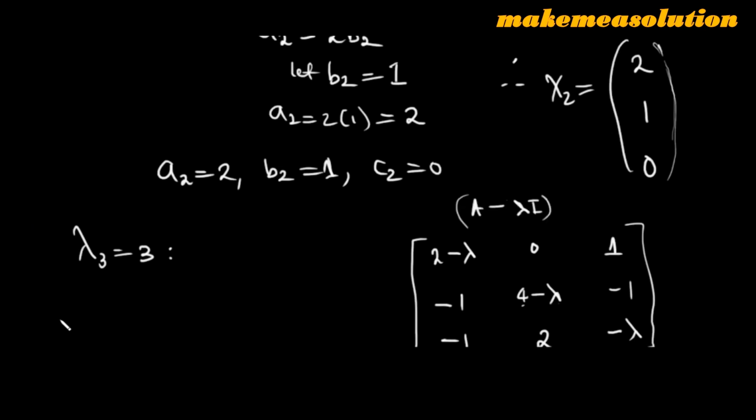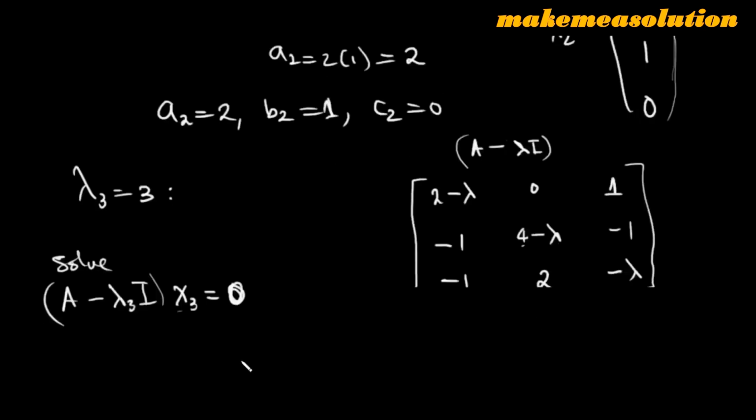We are going to solve the eigenvalue problem, a minus lambda 3 I multiplied by a certain x3 eigenvector, which we want to find, equal to the 0 vector.